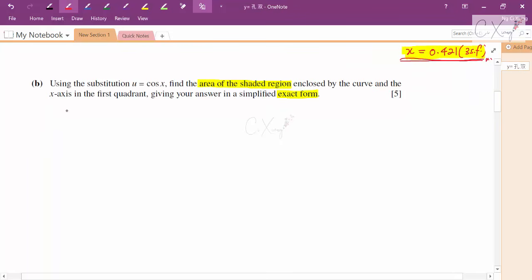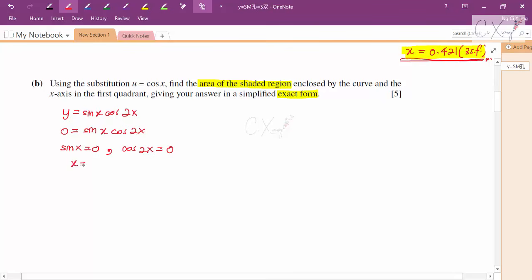Okay, so the original equation that I have here should be y equals sine x cos 2x. Sorry, sine x cos 2x. And when I want to get the x-intercept, I will let y equal 0 for the original equation. From here, I will have sine x equals 0. Another equation will be cos 2x equals 0.